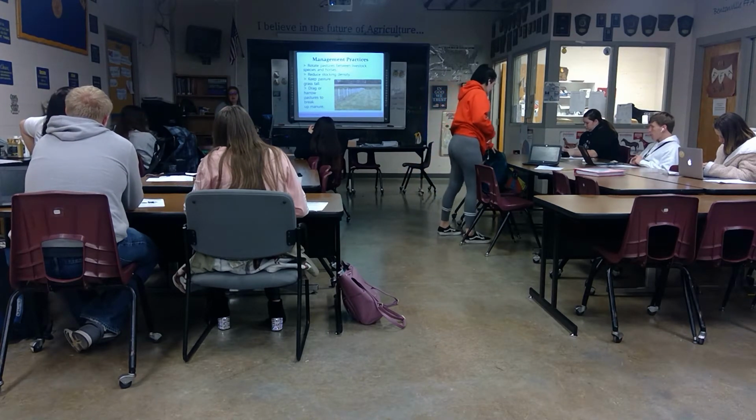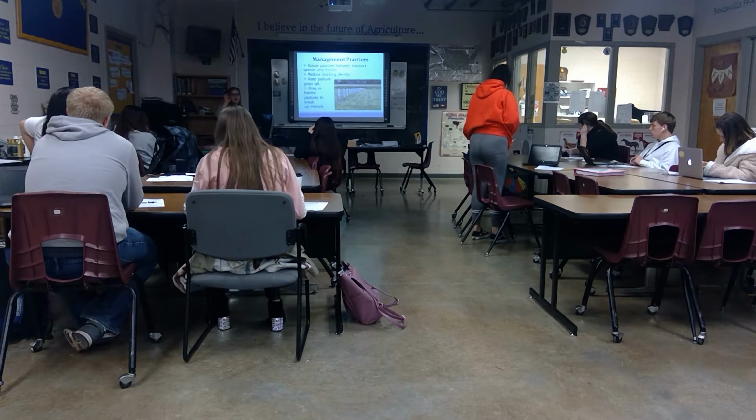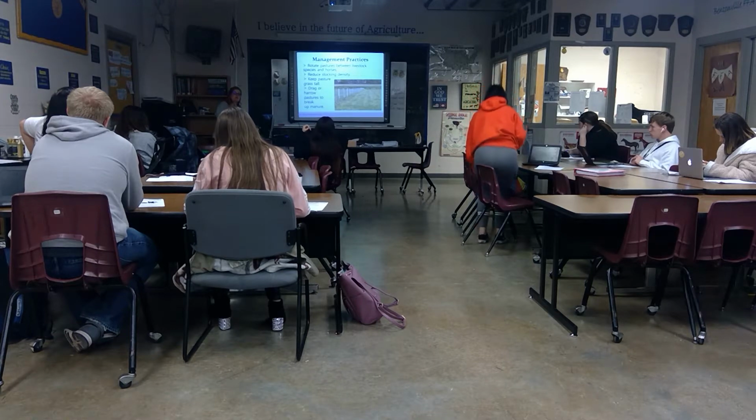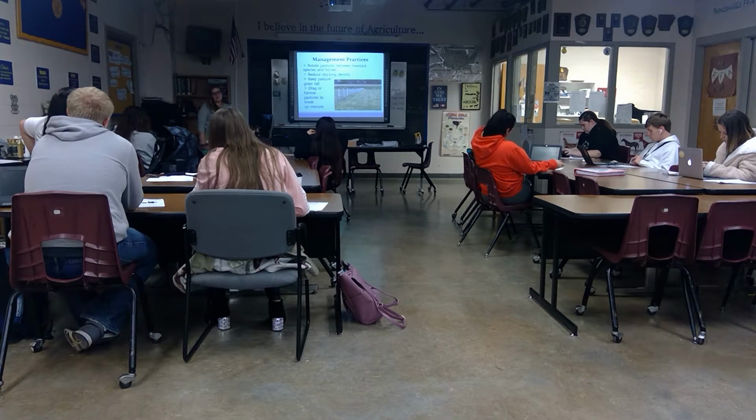Because a horse herd is big, and it takes a little while for it to lose all of its moisture. So if you drag that out, it's going to break it up, and it's going to lose the moisture, and if there is a parasite in there, it's going to kill them a lot quicker, because they're going to dry up, they're not going to make it. Does that make sense?